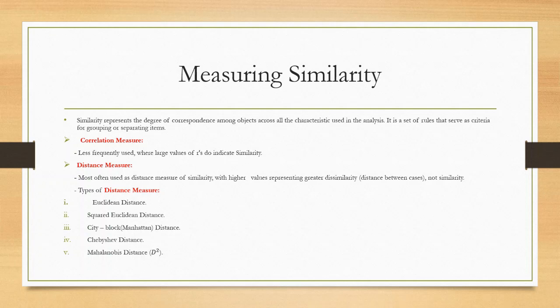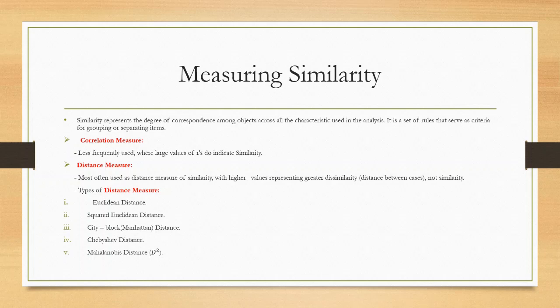Measuring similarity. Similarity represents the degree of correspondence among objects across all the characteristics used in the analysis. It is a set of rules that serve as criteria for grouping or separating items.